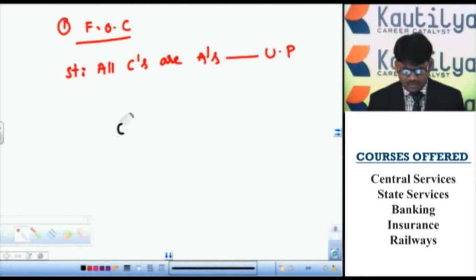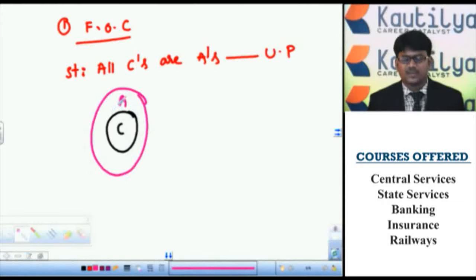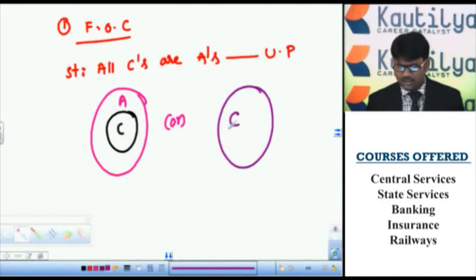For example, if you take the whole of C's in the universe, all C's are represented within Y's, or we can represent the diagram in another method, where all C's belong to Y's.